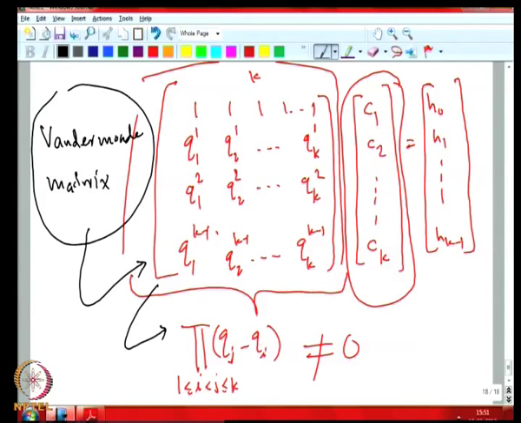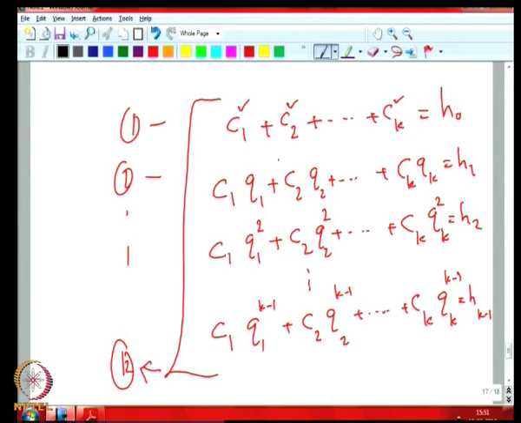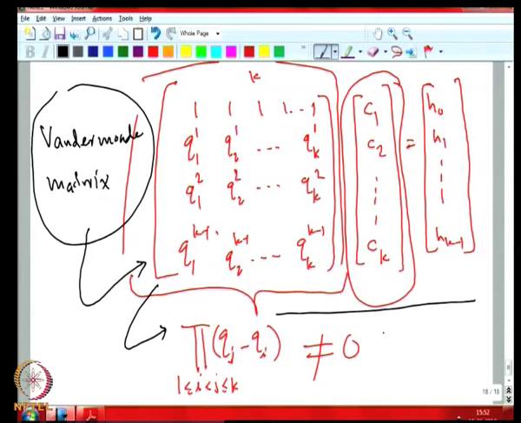Also, here some linear algebraic ideas are used, namely this system of linear equations is converted to a matrix equation, that is, Ax equal to b kind of equation, which you should be familiar with. Instead of x I have written this vector of C's, C1, C2, Ck, and the A matrix is the Vandermonde matrix.